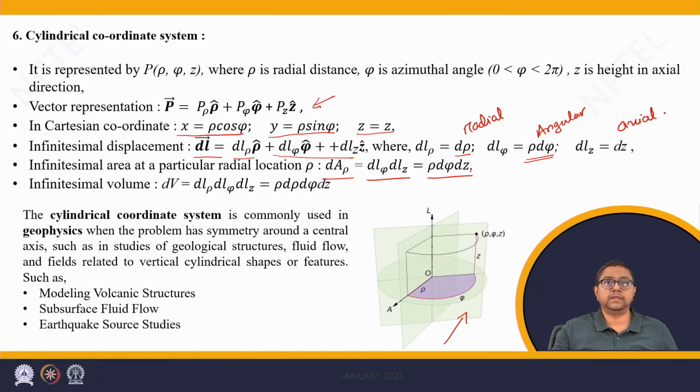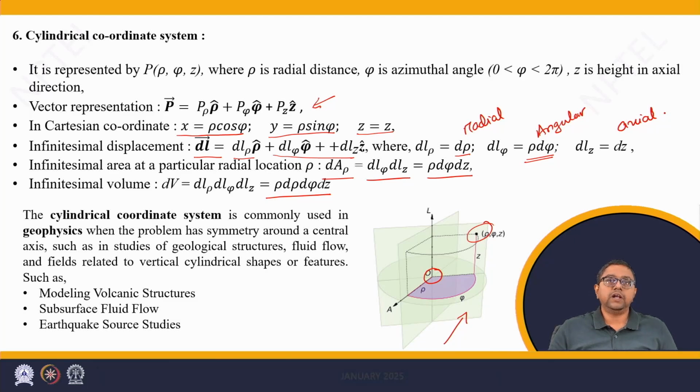The infinitesimal volume is given by the product of the three infinitesimal displacements, that is rho d phi, d rho and dz. The origin of the cylindrical coordinate system is denoted by O, and any point P can be denoted by the three components of the cylindrical coordinate systems rho, phi and z.